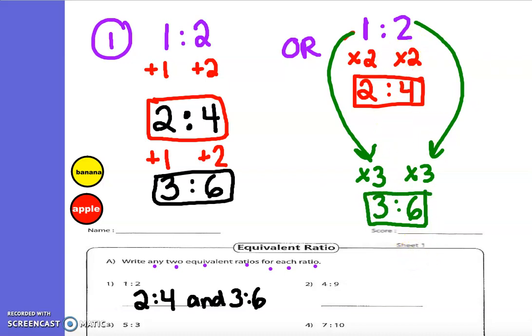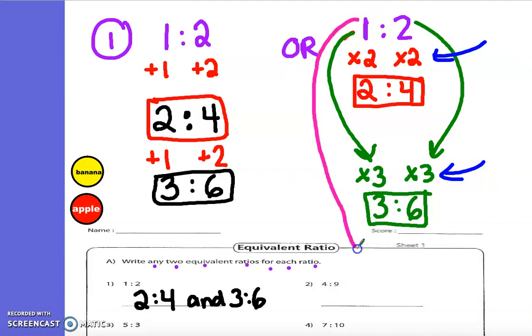Now multiplication is really powerful because multiplication is just repeated addition. That's why I can use addition or I can use multiplication. Now if I really wanted to, I don't have to just multiply by 2. I don't just have to multiply by 3. I could have multiplied by any number I wanted to.